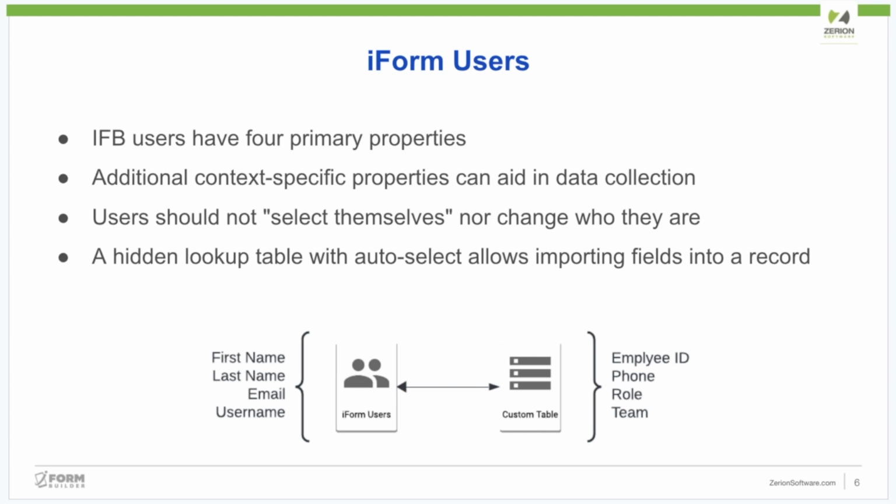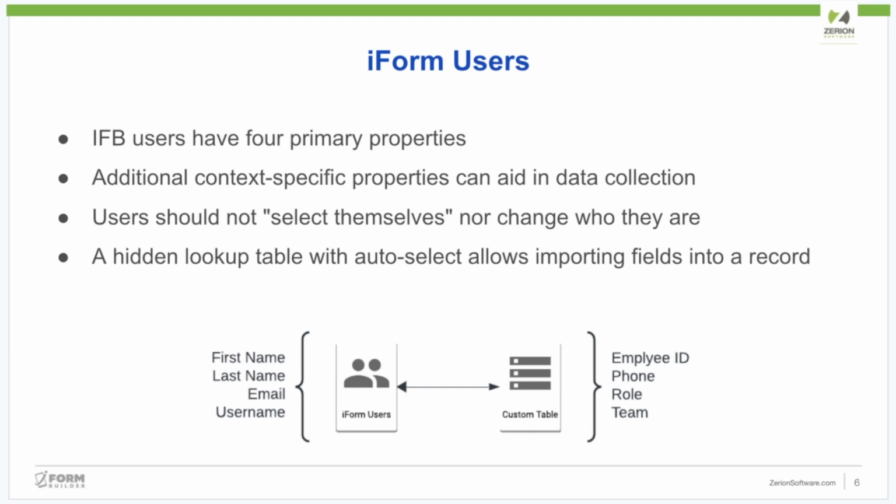I shouldn't be able to choose Barrett, for example, when we're making this connection between who I am as a logged in user and who is selected from the additional custom fields. We want all of that to operate behind the scenes to, one, make data collection more seamless, and two, maintain the integrity of the data as well.